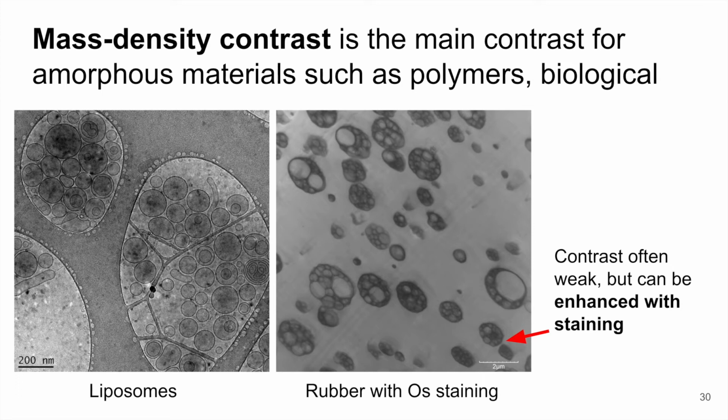So that's an issue with amorphous materials, is that we have this mass density contrast, but it's our only mechanism. We're going to look at some other ways in which we can get contrast, but it relies on crystallinity and structure.